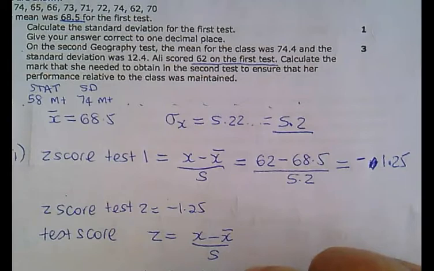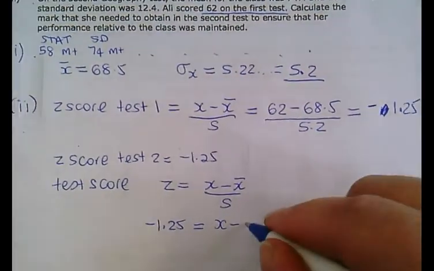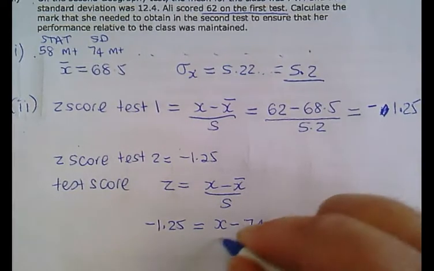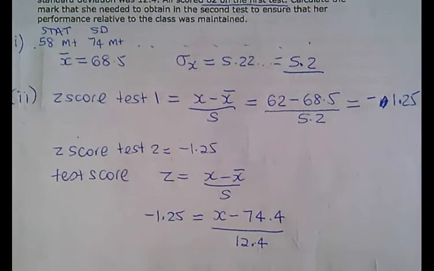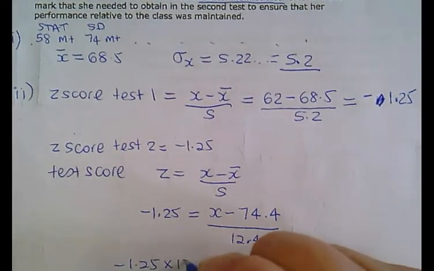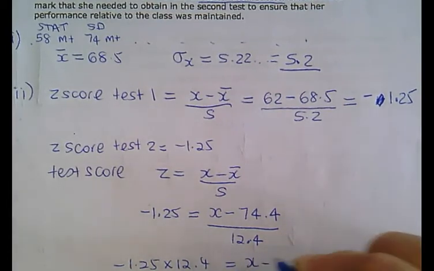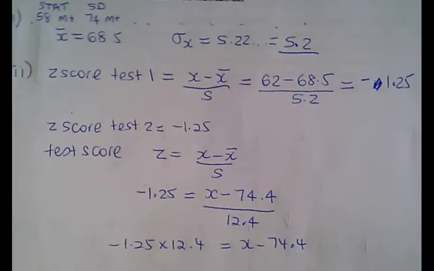The exam mark we don't know. Do we know the mean for test 2? It's 74.4. And the standard deviation for test 2 is 12.4. And so now we do negative 1.25 times 12.4 is X minus 74.4. So now we're solving for X.